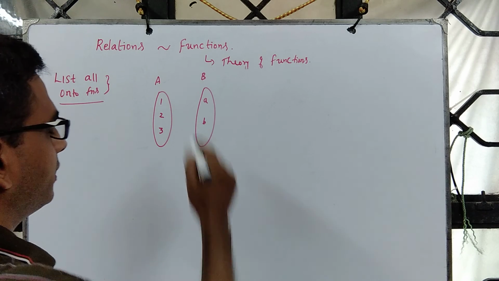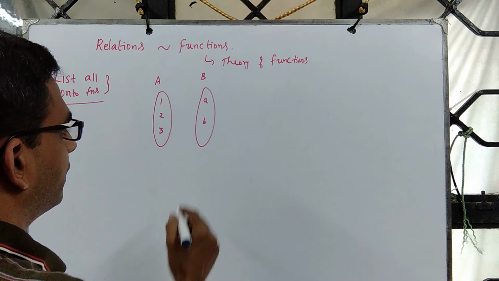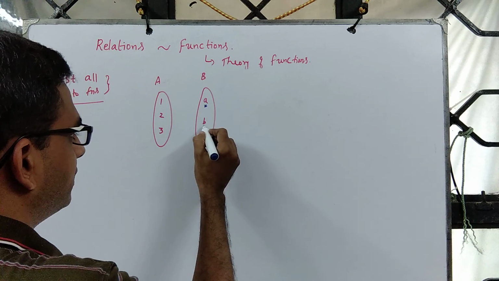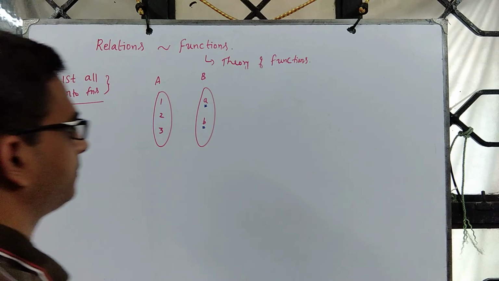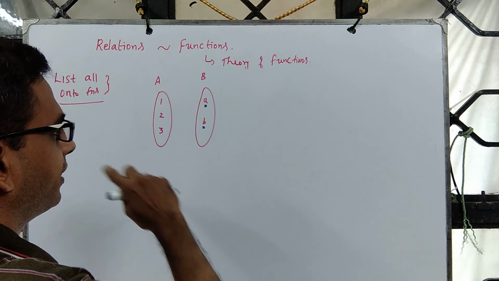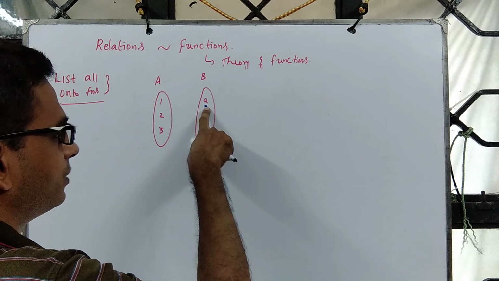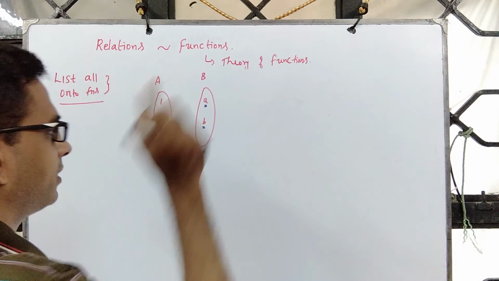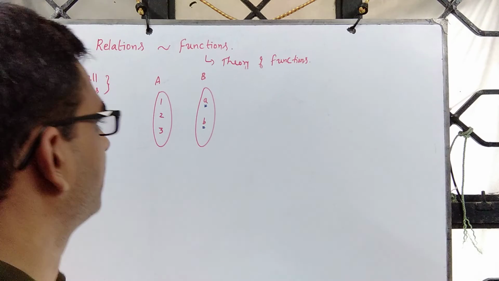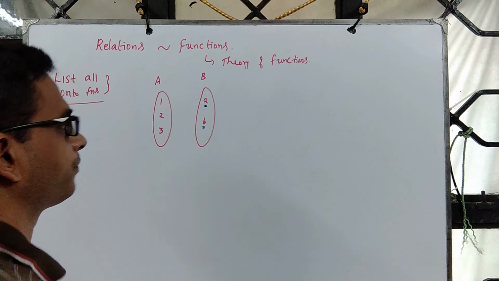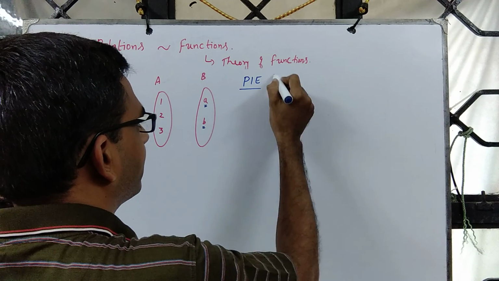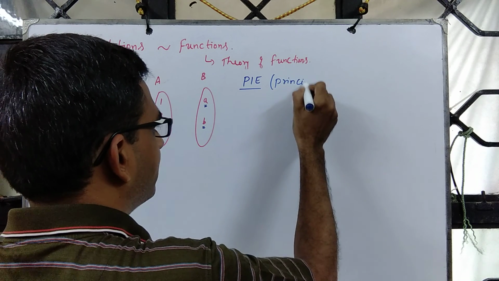Now when we count these functions, you see that in all of them there should be a preimage for this, there should be a preimage for this. Fine. And there should not be any function in which either this is not having a preimage or this is not having a preimage. So such a function is not taken into account as part of our counting. So the way we are going to do this counting is through a technique called the principle of inclusion exclusion.